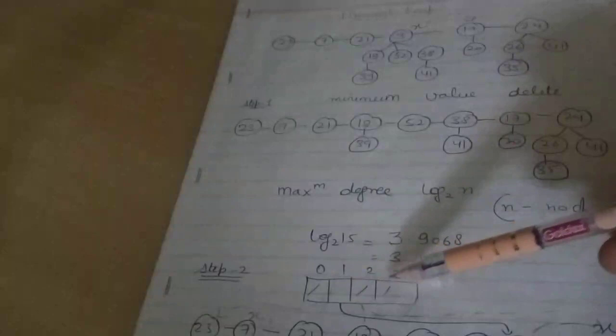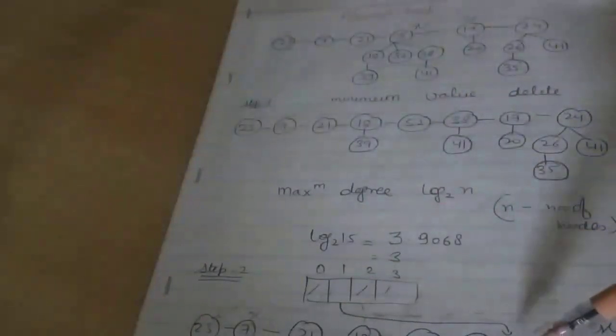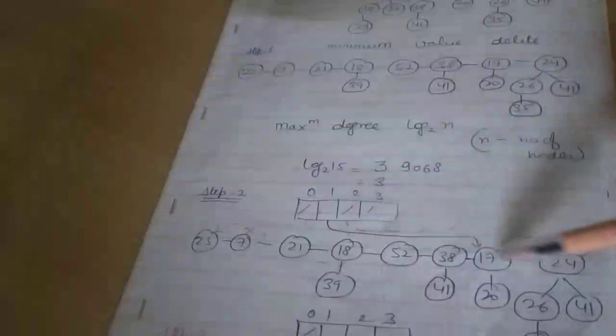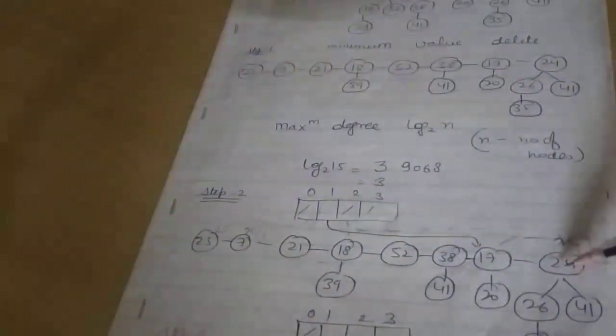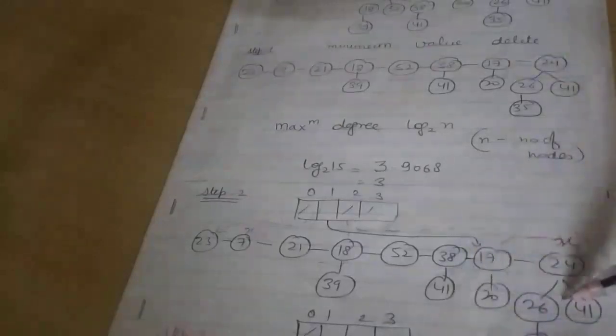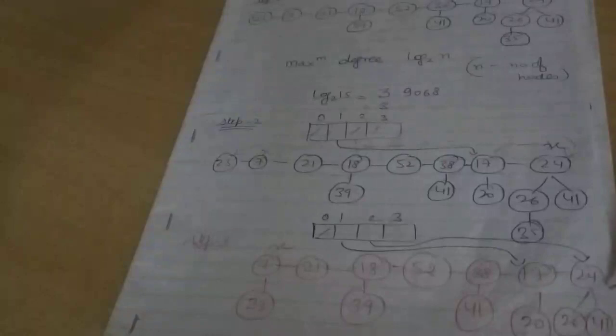So 17 is of degree 1, so the 1 pointer would point to 17. Next x comes to this, that is the 2 pointer. So 2 will point towards the 24. You can see here 2 points towards the 24 in this case.